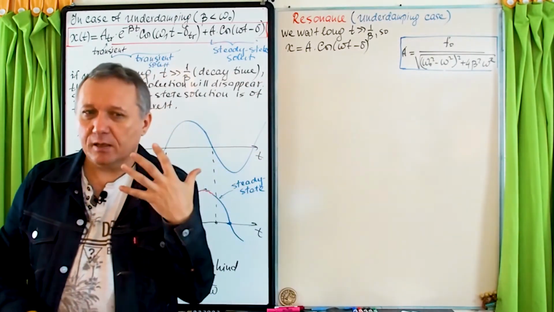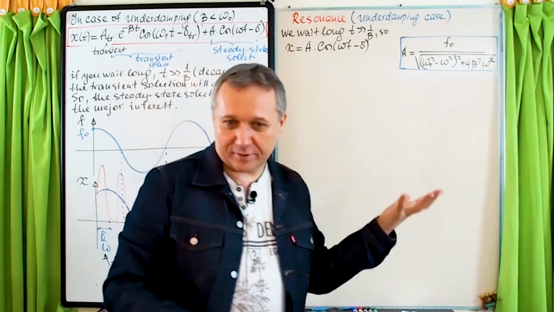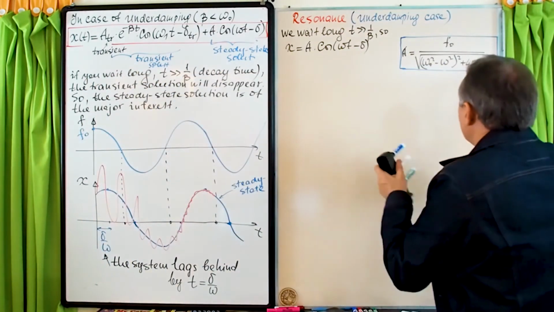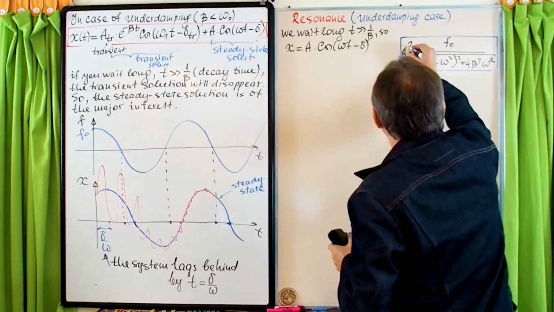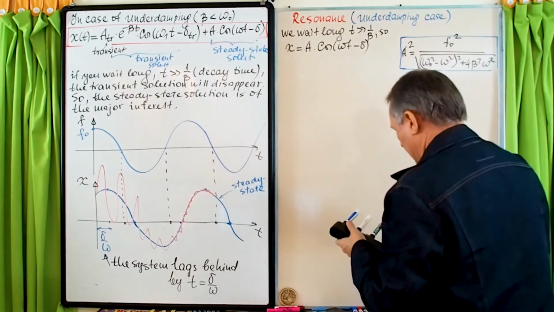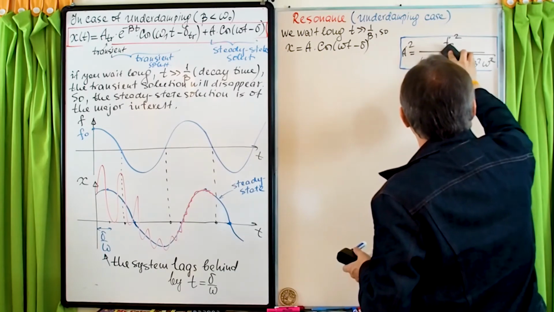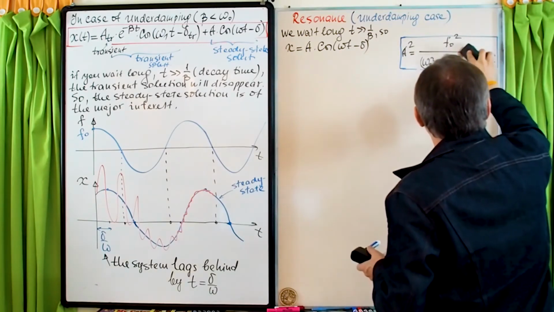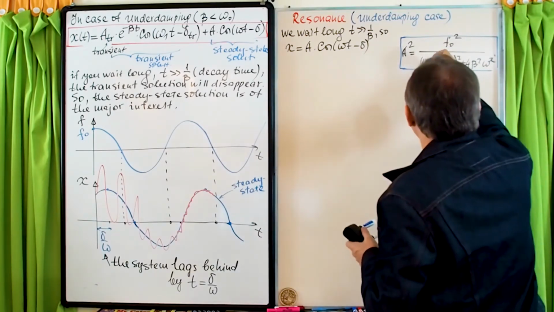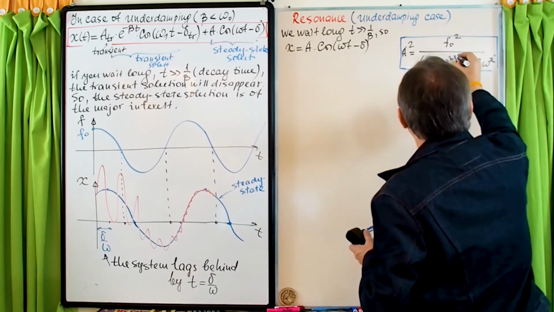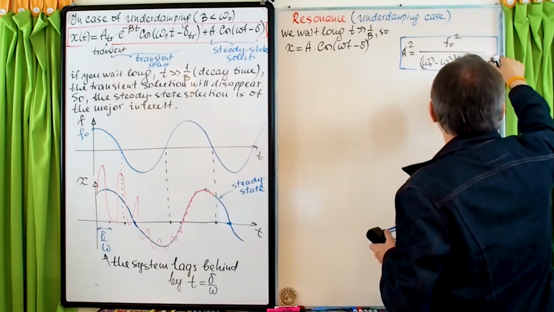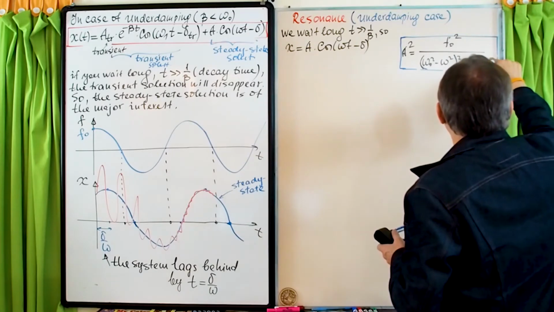Let's just try to make our life a little bit easier. So let's look at A squared, and of course, this square root will disappear. I can just recycle. Recycle is good, so that's what I'm doing.